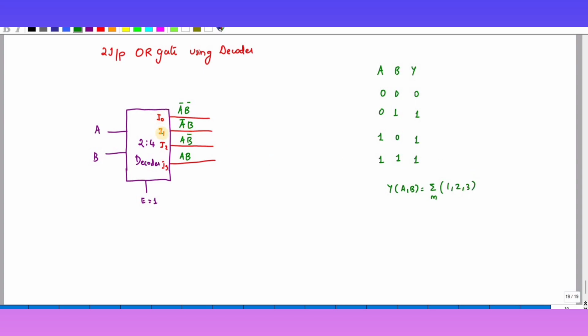So this is I1, I2, I3. You have to connect I1, I2, I3 to an OR gate. This is how we have to implement the OR gate using a decoder.